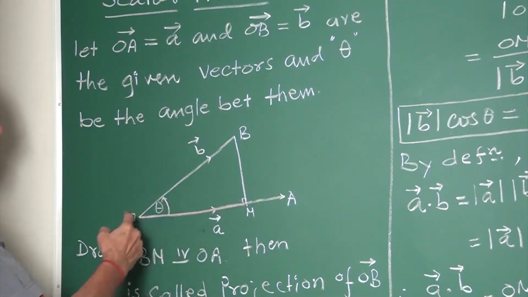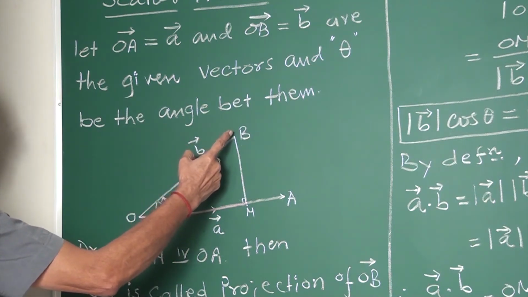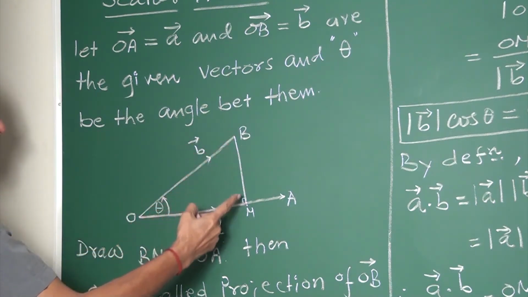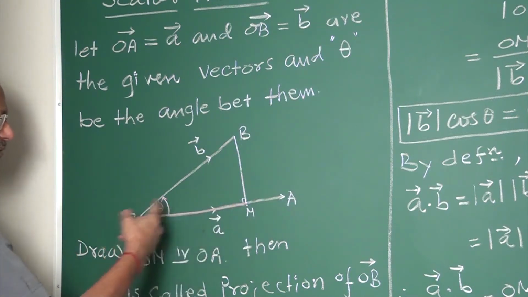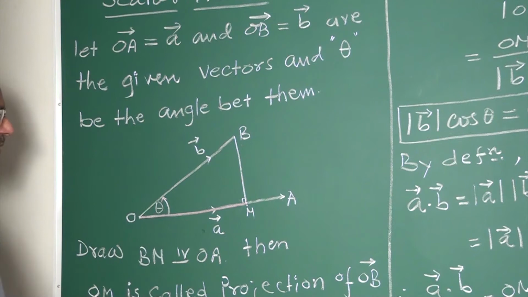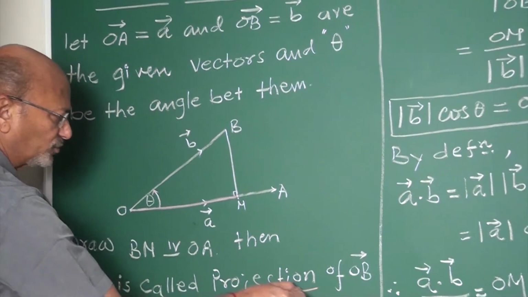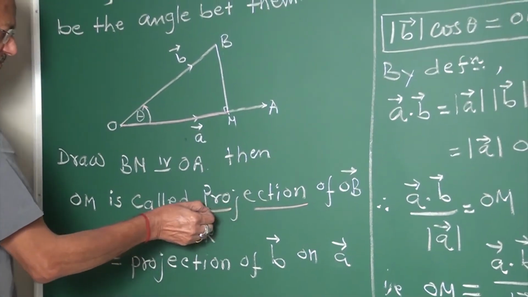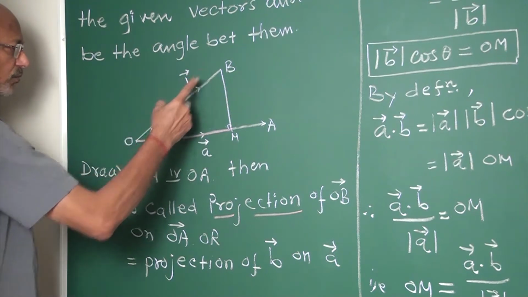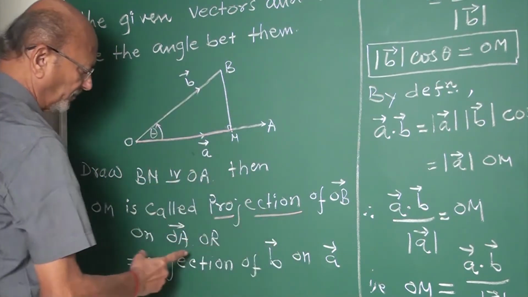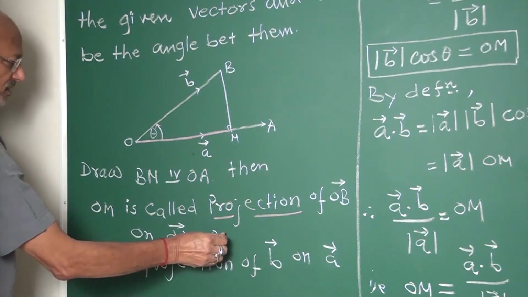This is one line, this is another line. If you draw a perpendicular from the above line down, then whatever piece you have along vector OA, this piece OM, that OM is defined or called the projection of vector OB on vector OA.